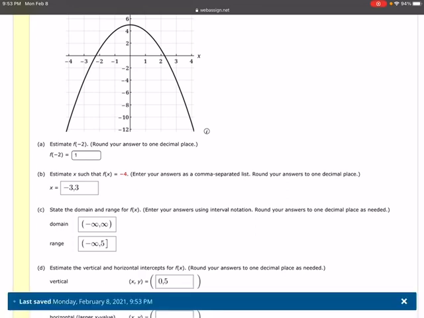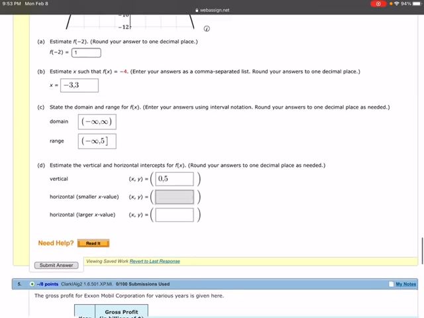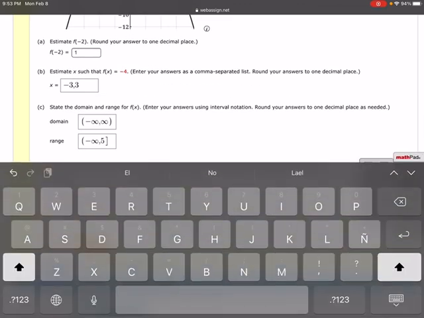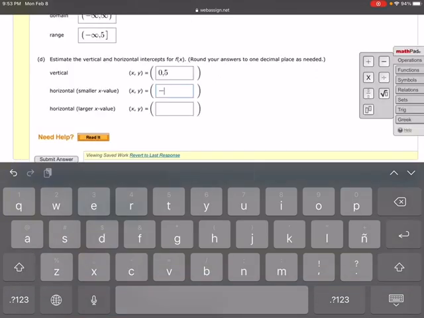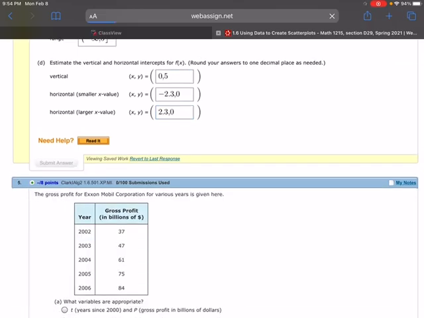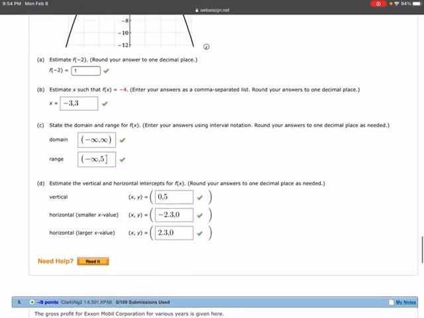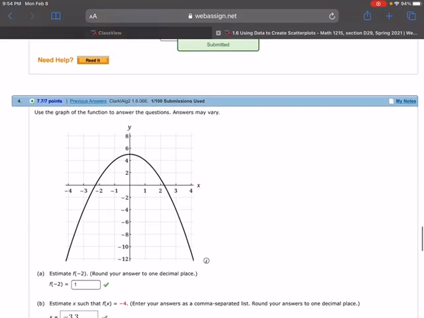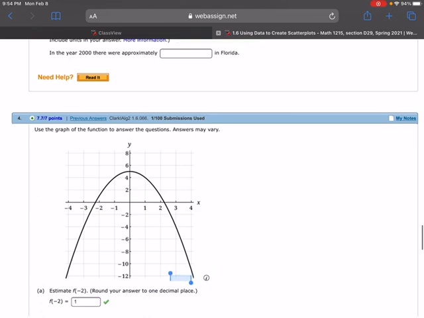So -2.3, I would say, and +2.3. So -2.3, 0, and the other one seems to be this larger one, 2.3 positive, 0. And that's how you guys do the scatter plots. Pretty much you need to be able to read the graphs. That's what we're going to do, guys.